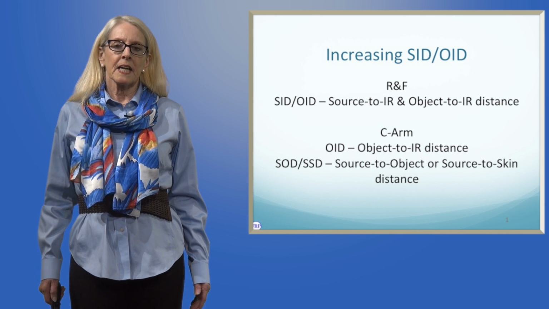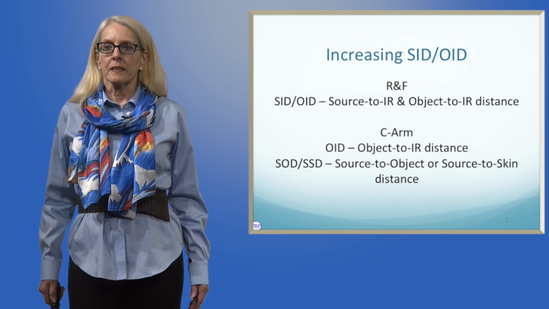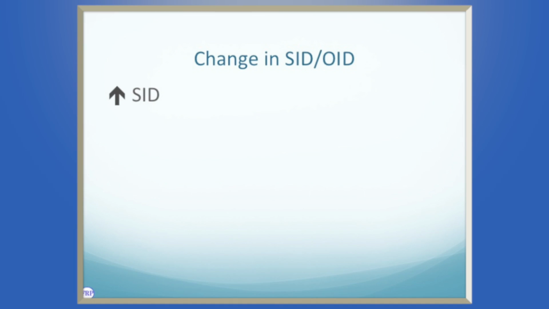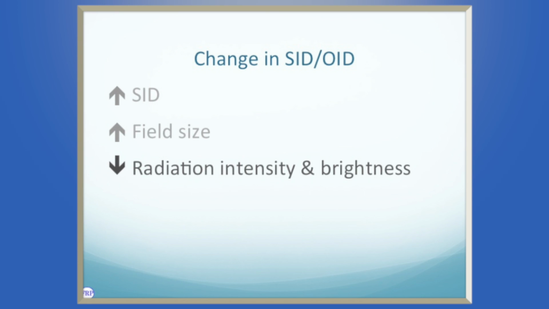So when you're changing SID and OID, what's happening is you're increasing SID, and as you increase the SID, the beam in a spherical manner starts to get bigger. And so it increases the size of the field. What happens then is the radiation intensity also decreases because it takes up more room.